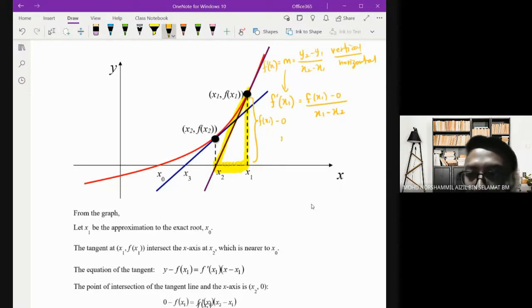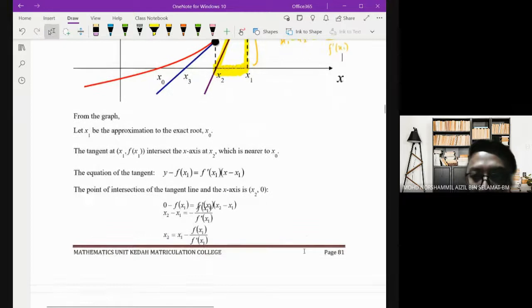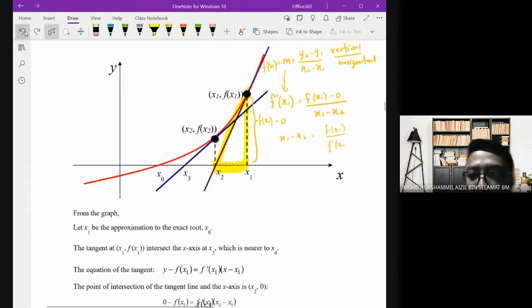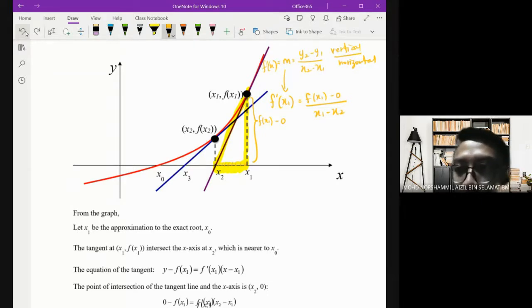Give me a second. X1 minus X2. Fx1 over, betul lah. F prime X1. Betul. Okey. Nampak masa depan. Okey, betul. Okey, sorry ada kekeliruan sikit. Lama saya tak ajar topik ni, 4 tahun dah. Okey.